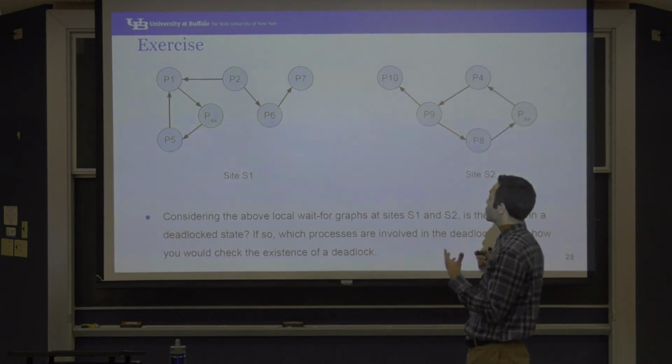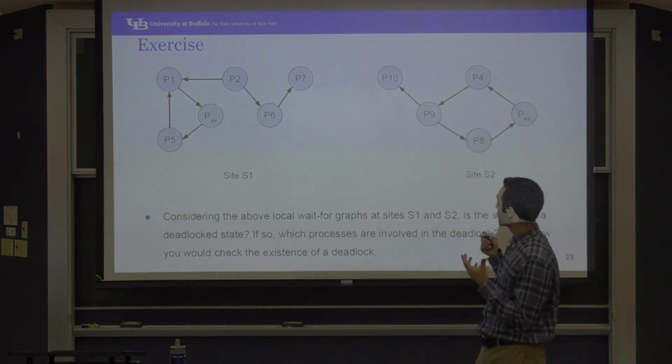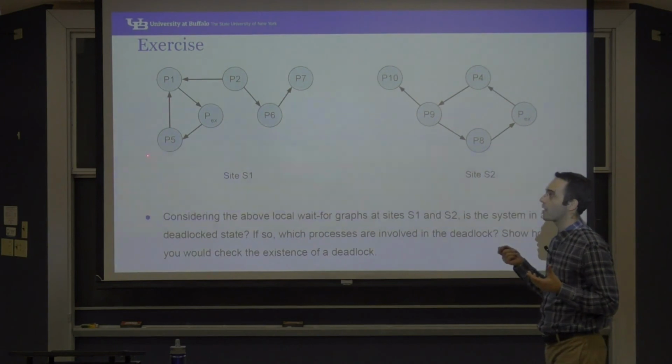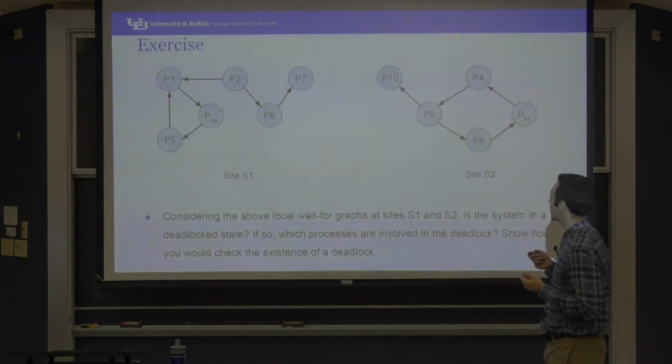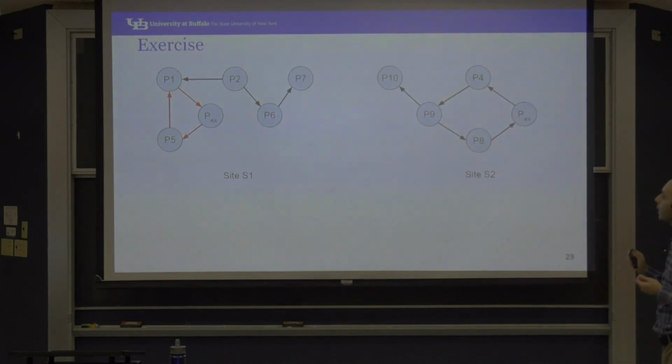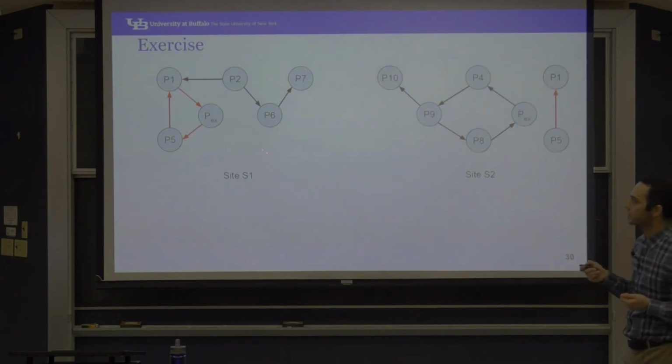Now, what does site 2 learn from this? First of all, site 2 doesn't have P1 and P5 and this edge. So the first thing we add is this new information, and what we learn is that there is a P5, there is a P1, and P5 is waiting for P1. That's the first thing to know.